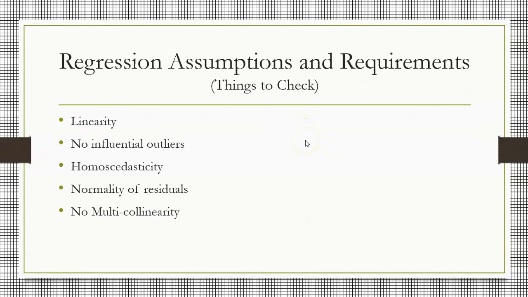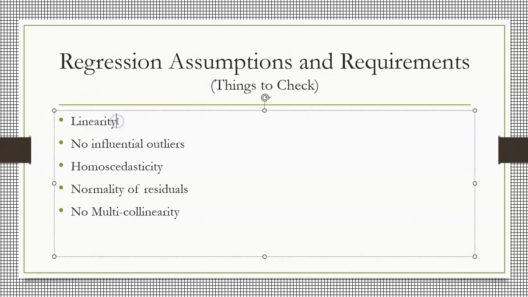Here are the things we need to check: regression assumptions. Basically, these are the things that, if we have done correctly, all of our partial slopes and p-values and confidence intervals on those partial slopes will be as accurate as possible if all these requirements are met. The first requirement is linearity, as we've discussed.